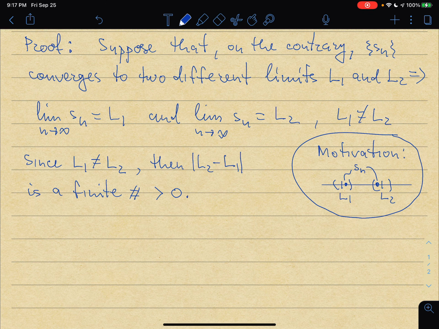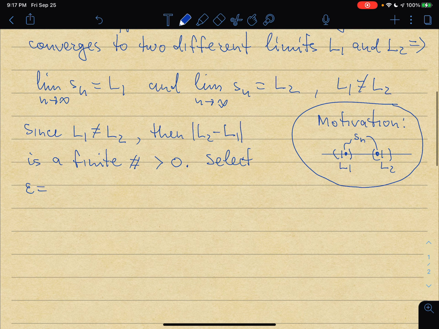Okay? Well, if that is the case, then I'm going to select epsilon equal to the absolute value of L2 minus L1 over 4.